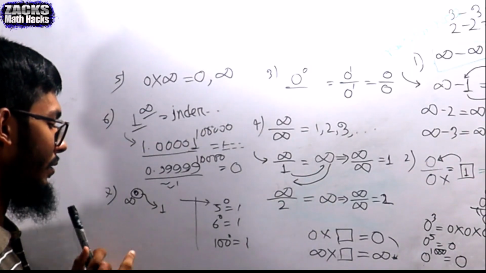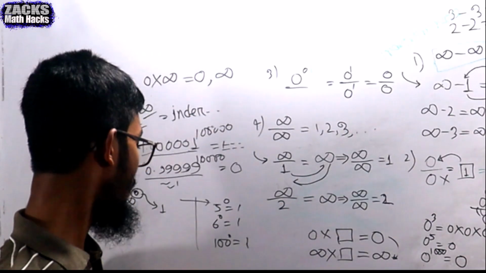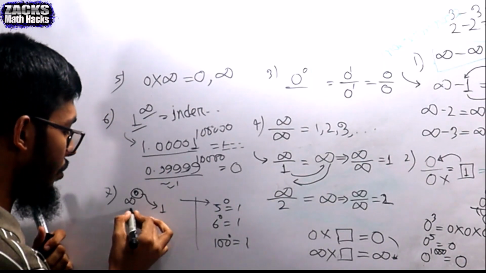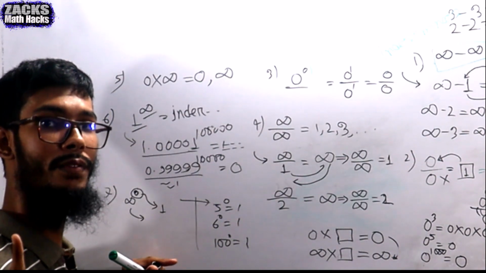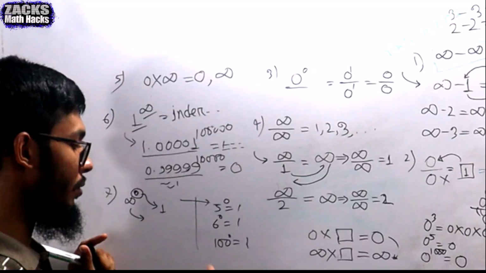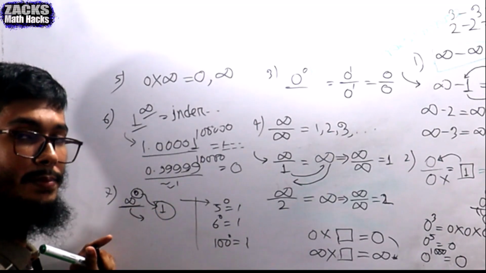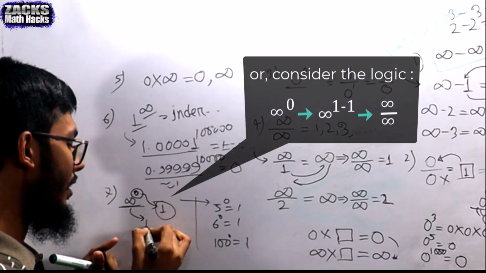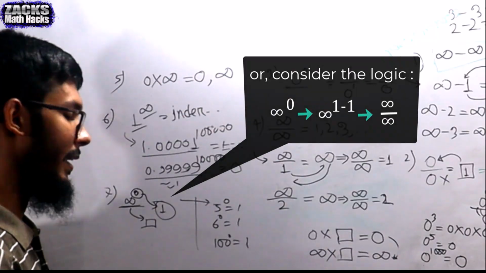But here, consider that the base is also large. The large base wants to make the result larger as well. So there are two concepts. For the exponent 0, the result wants to be 1. But for the large base, the result wants to be more than 1, any large value.